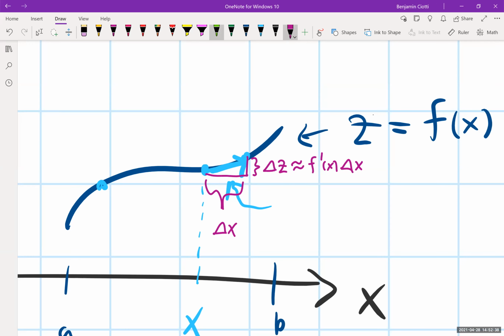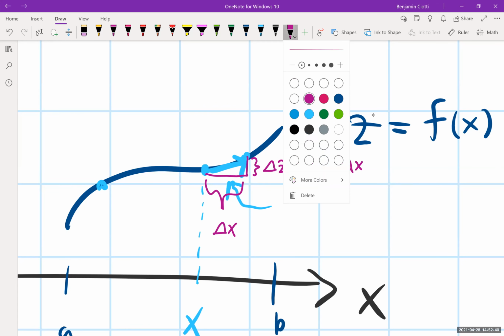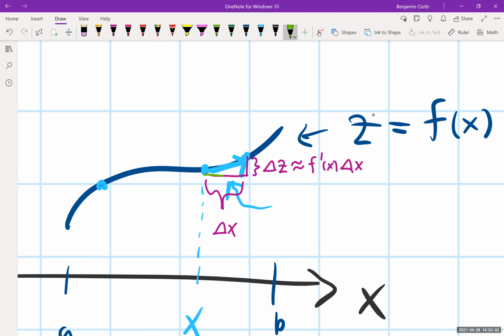So we've got a little right triangle right here. This little right triangle has hypotenuse approximately the square root of delta x squared plus f prime of x delta x squared. So that's our infinitesimal path length element.